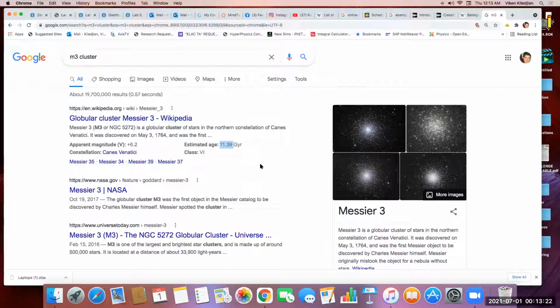Giga is a billion, so 3,000 million years would be 3 billion years. I was way off. This is the globular cluster Messier 3, M3. Yeah, way off from that answer.